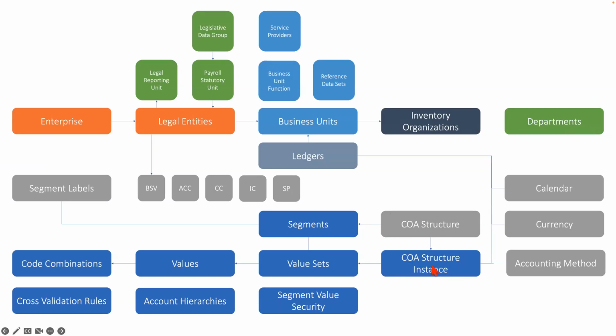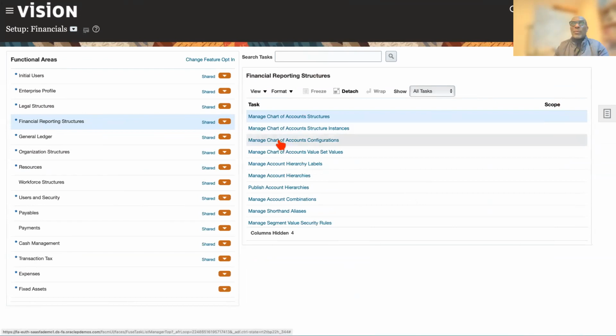So you can have the structure, but the structure instance could have different values inside of them, but still using this structure that you have. So a good example, let's look at structures, structure instances.